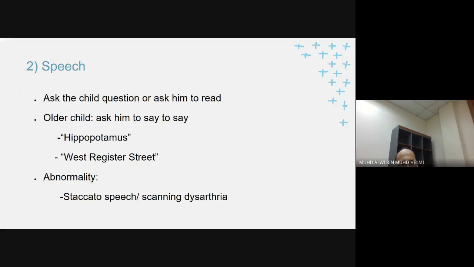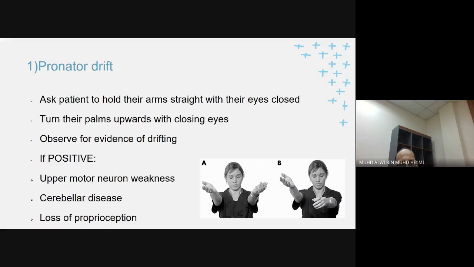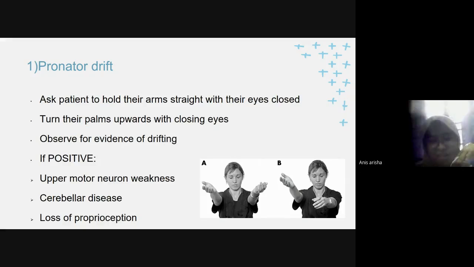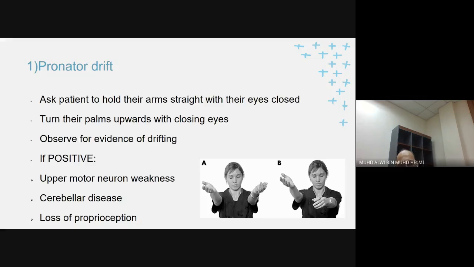Pronator drift. Did I miss it? Yes, pronator drift. So why do you ask the patient to close the eyes in pronator drift? For proprioception. Of course, if you're assessing proprioception, you also need to close the eyes. Why? Because pronator drift can be caused by a lot of things: upper motor neuron disease, cerebral problems, sensory problems, peripheral nerves, your proprioception.